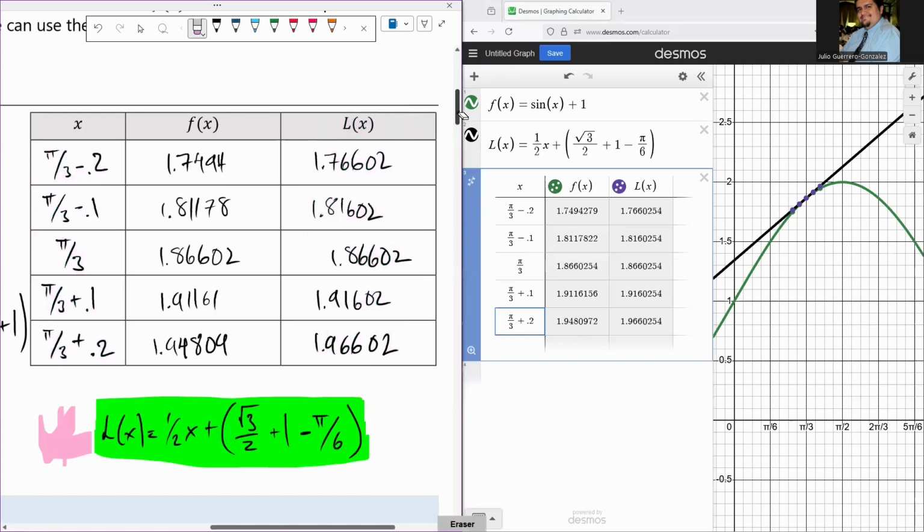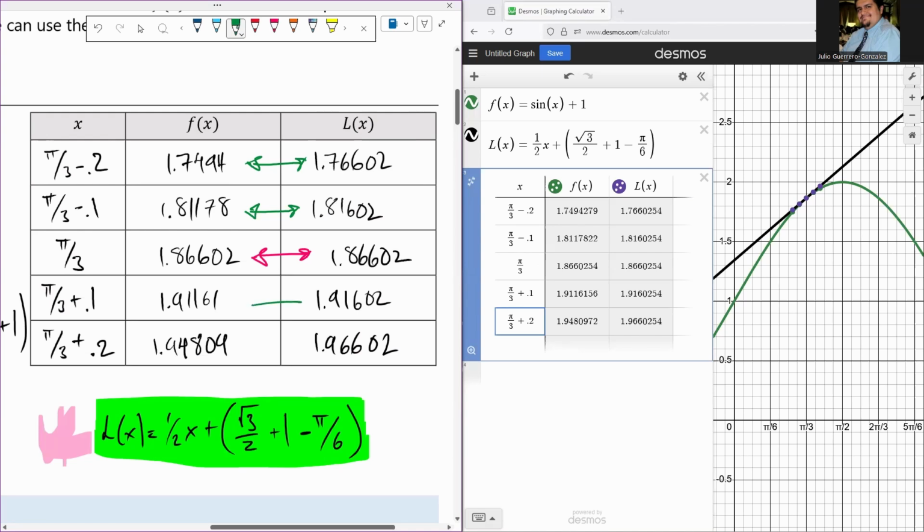Notice this: between these two, they're supposed to be equal, which is fine. And these two are not far off. They are not exactly the same, but if I needed to approximate my function f of x, my sine x plus 1, L of x is not doing a bad job in and of itself. You guys see that?